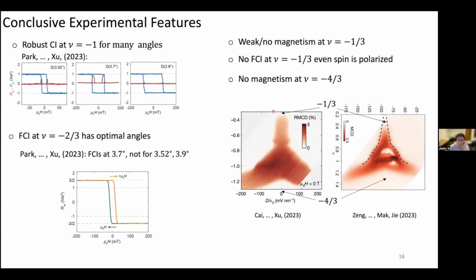And even if experimentalists polarize the spin at nu equals -1/3, they see no FCI. And at -4/3, again, no FCIs, and it's clearly non-magnetic in experiments.